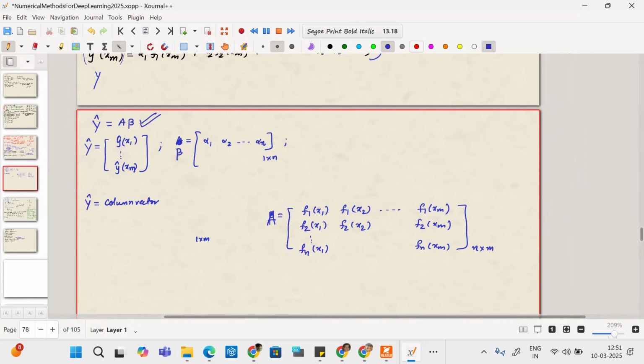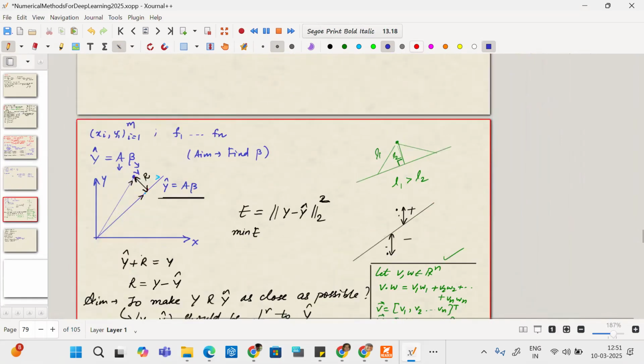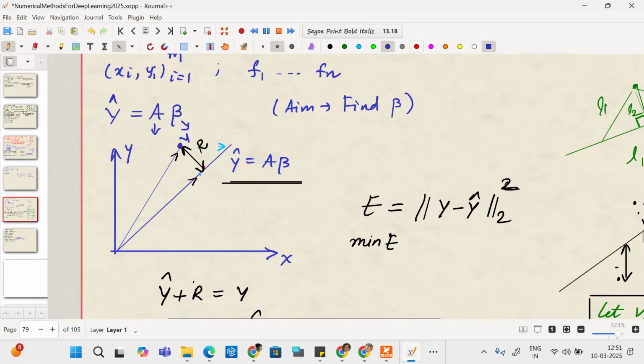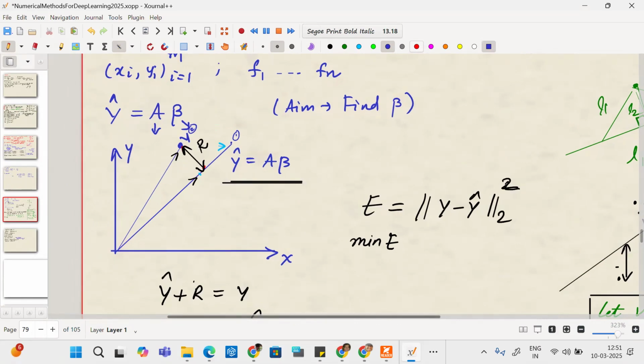We introduced a graphical approach: y cap equals A beta is this line 1, and y is the original solution 2. Now we want our regression line as close as possible to the original data, which means y cap should be as close as y. That is possible if you take a perpendicular distance between them; any other line will have a greater distance.